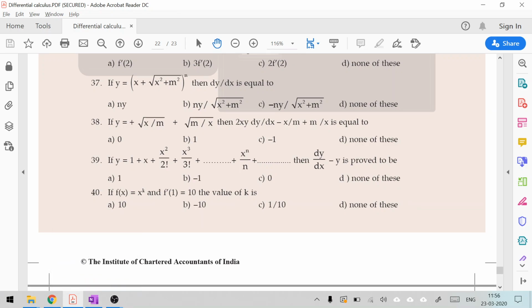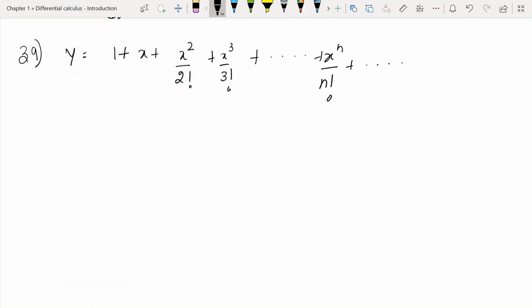Like I told you, most of these proof that questions would have an option 1, -1 or 0. So in those days when we used to prove that, the descriptive part used to carry a lot of marks. Okay. dy by dx minus y is equal to question mark. This is what the question is asking us.